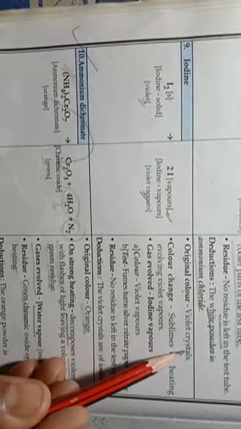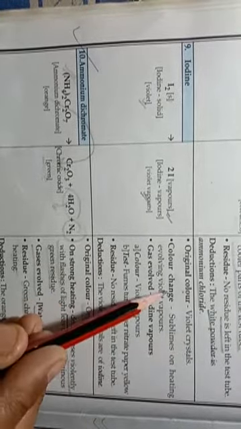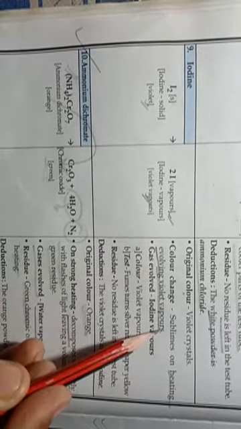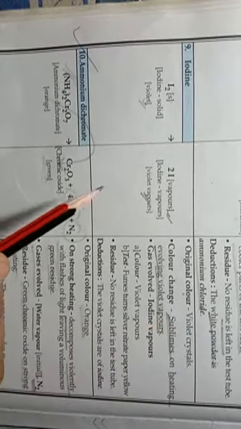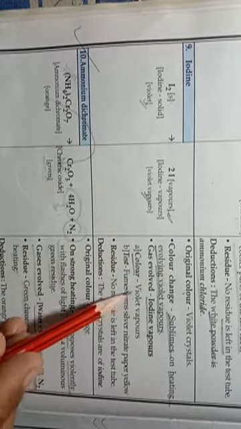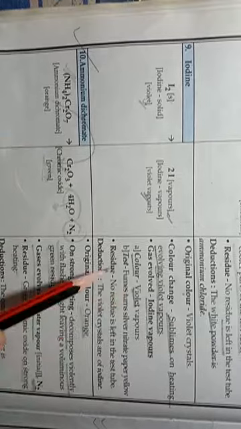Okay, so the original color of iodine is violet crystals. It sublimes on heating, evolving violet vapors. So this iodine is a sublimable solid. Gas evolved: iodine vapors. Color of vapors: violet.